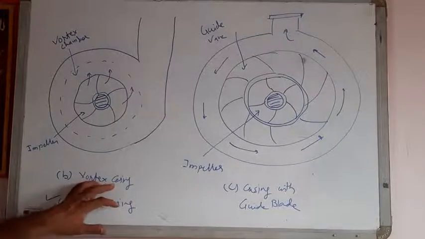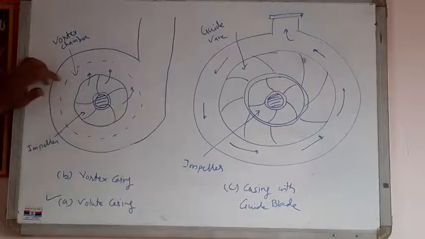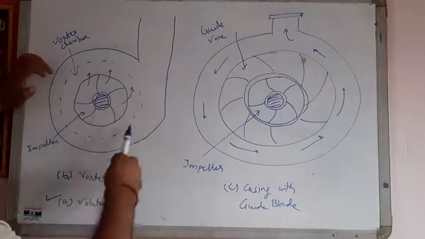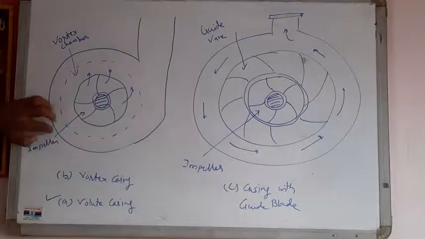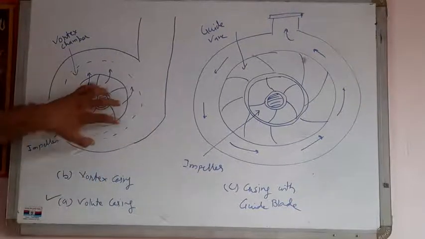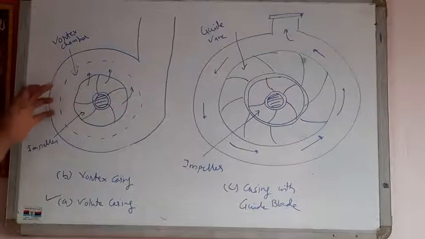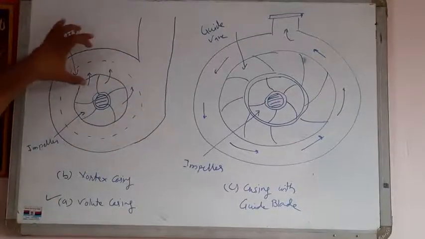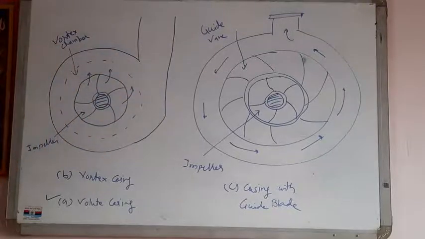Second is vortex casing. Here some vortex chamber is provided in addition to the volute casing. Here the impellers are there, a vortex chamber is provided, and this is the increasing volume pipeline.